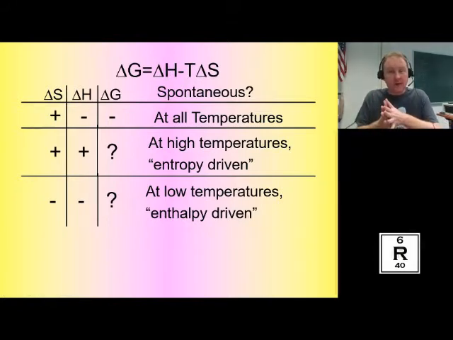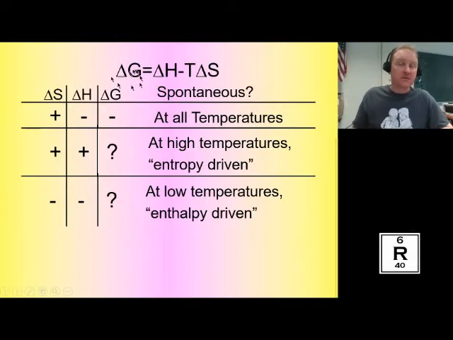Water becoming ice, giving off heat, things want to give off heat. They want to burn, they want to break down, they want to decompose. They're going to give off that heat, and that's what's driving this reaction for water to become ice. It's not driven by the fact that water is becoming more ordered. That losing entropy is not going to help in spontaneity.